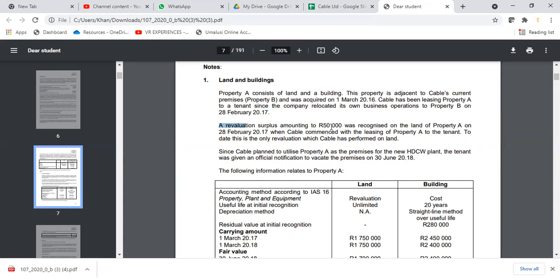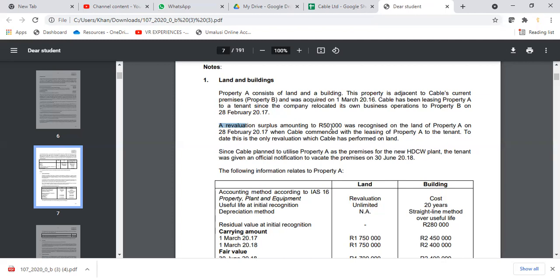I'm assuming a revaluation surplus was an increase, but we will look at the details below. Let's say the asset was 1.5 million before 28 February 2017.